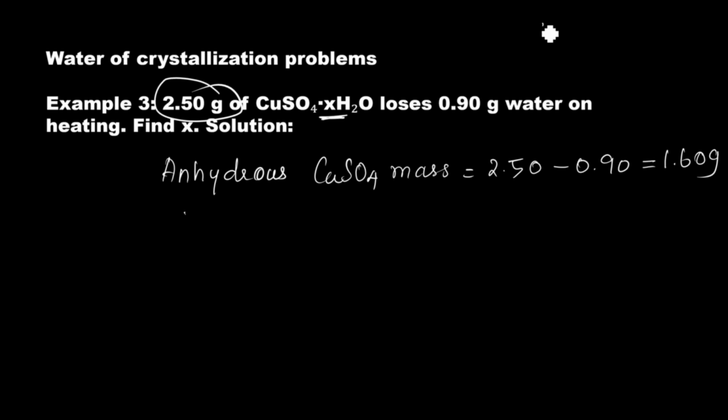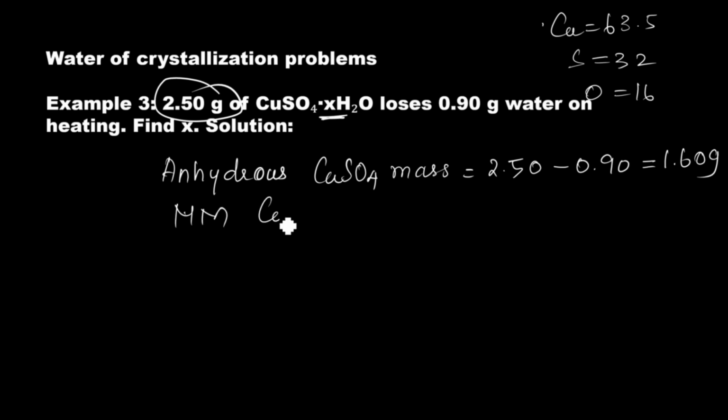So what is the molar mass of copper sulfate? I'm doing it here. Copper, which is 63.5, and sulfur 32, oxygen 16. So overall the molar mass of copper sulfate is 159.6 gram per mole.